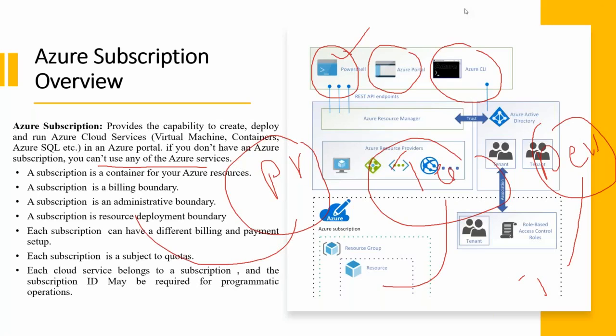Each cloud service belongs to a subscription, and the subscription ID may be required for programmatic operations. Every subscription gets a subscription ID. If you want to perform anything from the command line or PowerShell, you definitely require the subscription ID.